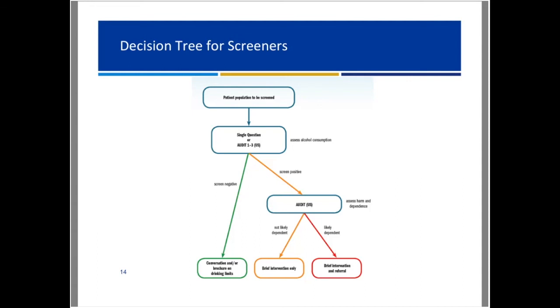If they're positive, then you follow up with the U.S. audit, and that helps you to determine whether the person is likely to be dependent or not. If not likely to be dependent, they get a brief intervention only, or if they're likely to be dependent, they not only get a brief intervention, but they get referral to specialized behavioral health treatment.